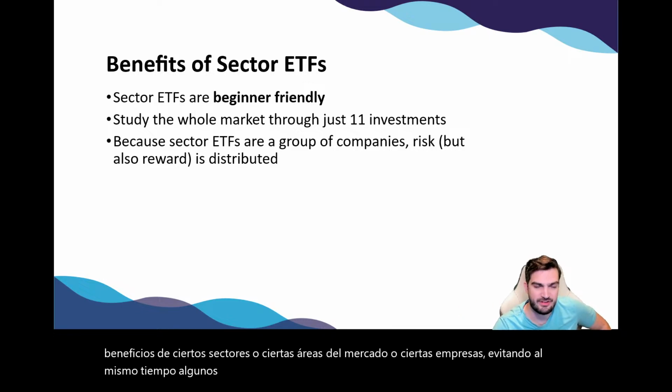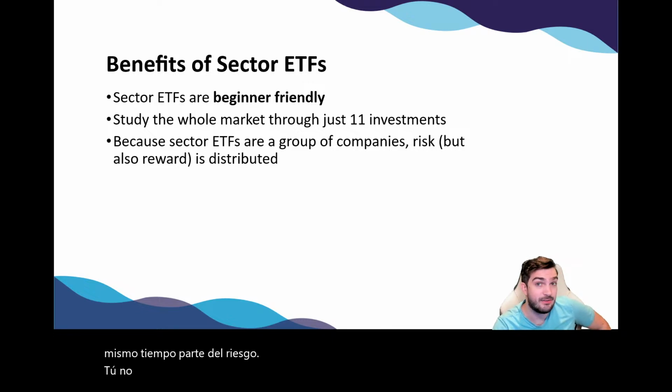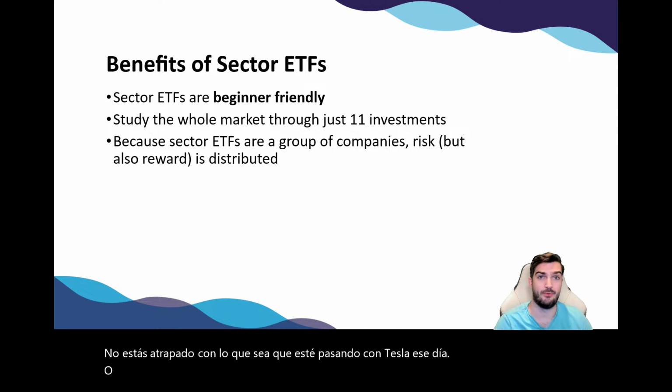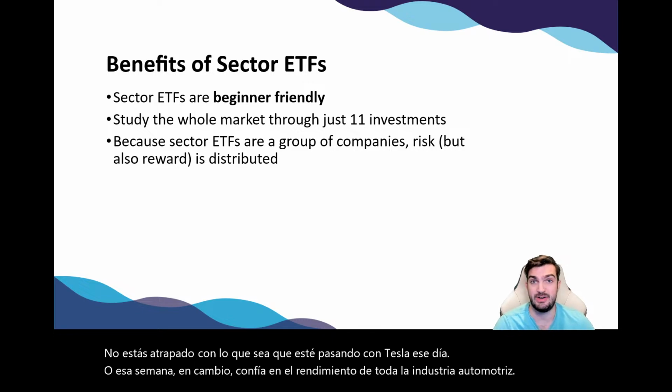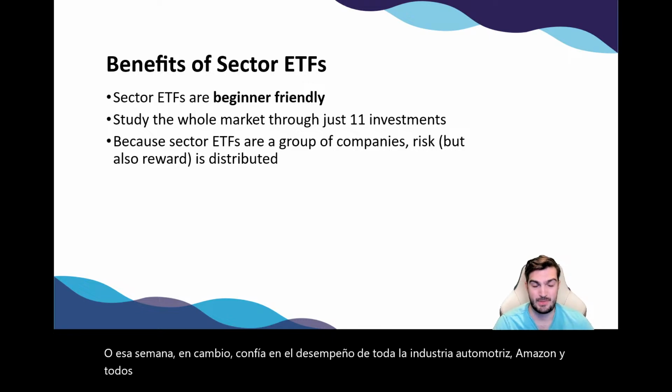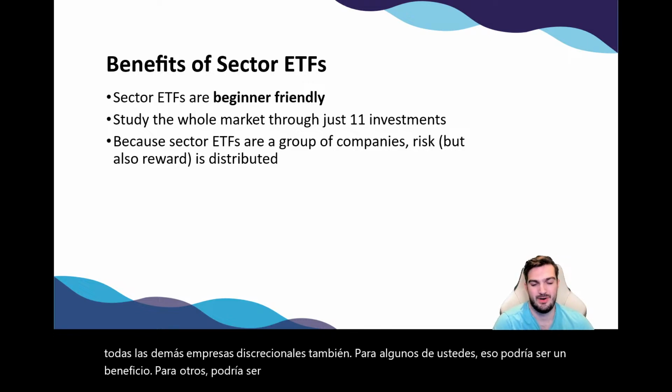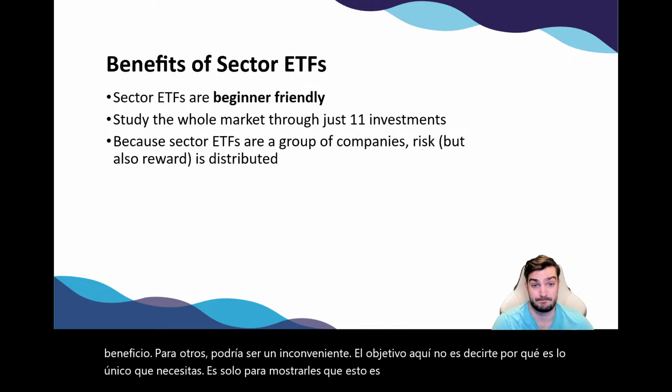You are not stuck with whatever the heck is going on with Tesla that day or that week. Instead, you are relying on the performance of the entire automotive industry, Amazon, and all of the other discretionary companies as well. For some of you, that might be a benefit. For others, it might be a drawback. The goal here is not to tell you why it is the only thing you need. It is just to show you that this is something that you could use.